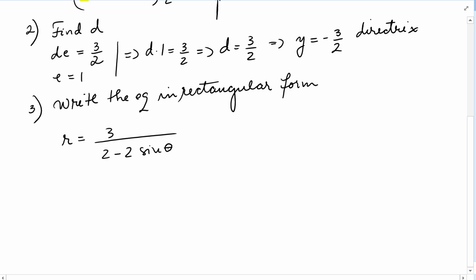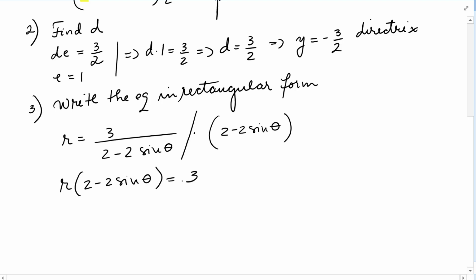So I started with the original equation, without changing it into standard form. What I'm going to do is multiply both sides by 2 minus 2 sine theta. So we get r times 2 minus 2 sine theta equals 3.